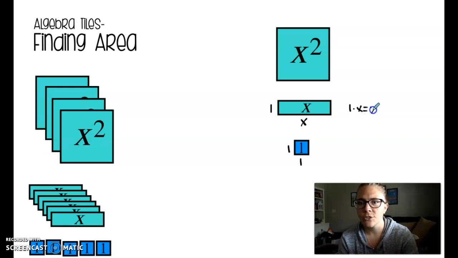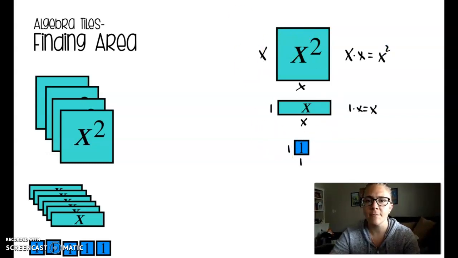For our large square tile, we have a height of x and a base that is also x. So to find the area, we would do x times x, which is going to give us x squared. These tiles are already named based on their area, so finding the area using algebra tiles is pretty straightforward.